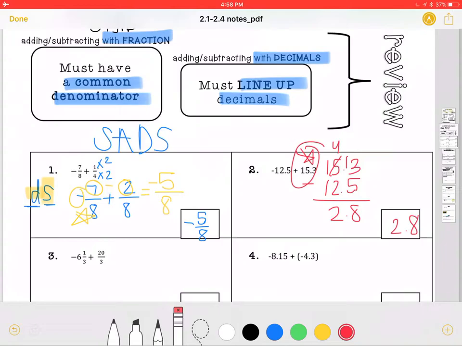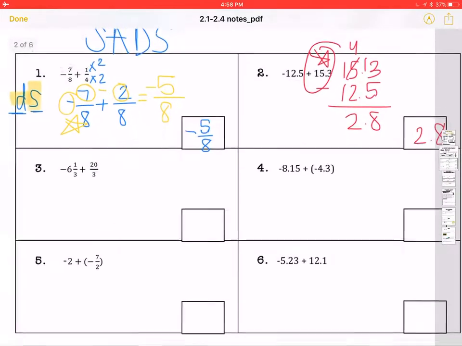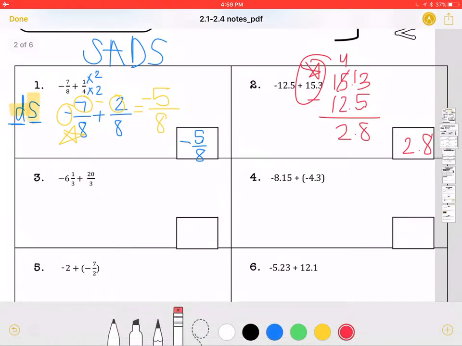Let's continue on. Let's look at number 3. I see fractions again, but this time I see some mixed numbers. Now, when you have mixed numbers, I would make them improper. I see 20 over 3 is already written as improper, so I'm going to change 6 1/3 to be improper as well. Reminder on how to make it improper: you multiply, kind of moving in a circle here.